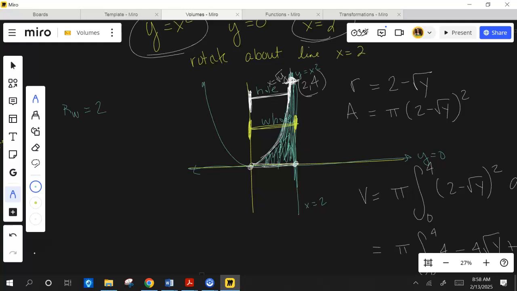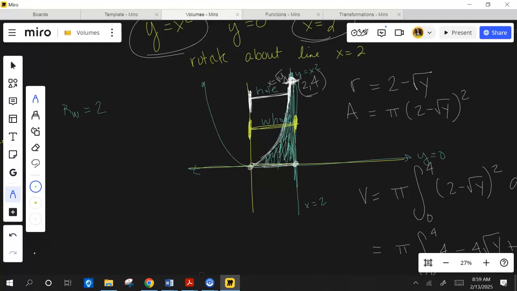If it ever rotates this way, you have to do it with respect to y. If it ever rotates this way, you have to do it with respect to x.